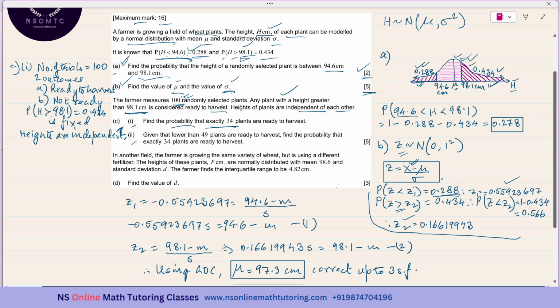Okay. So let X be a binomial distribution variable denoting the number of plants that are ready to harvest.